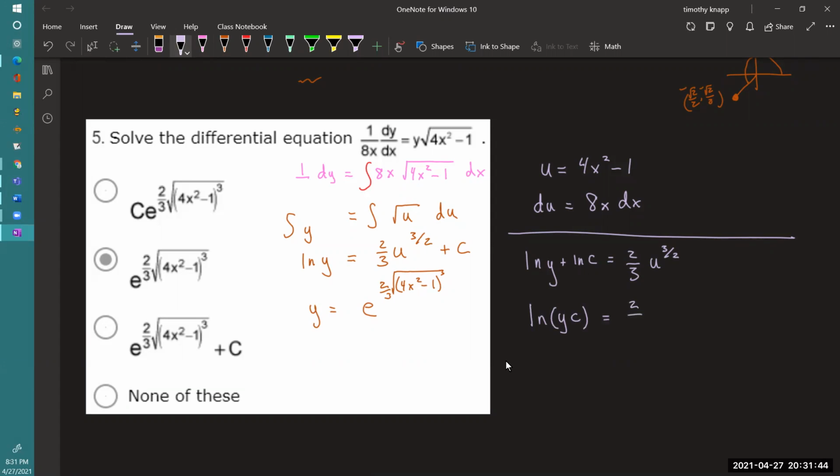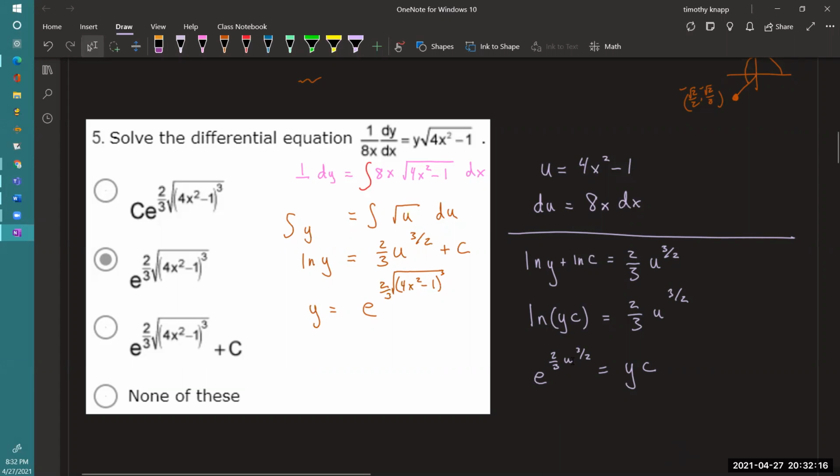So this is going to be 2/3 u to the 3 halves. And now I perform my definition of logarithms. So it's going to be e to the 2/3 u to the 3 halves equals yc, right?